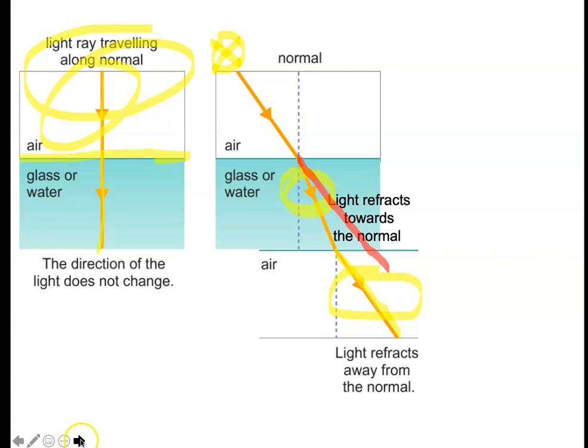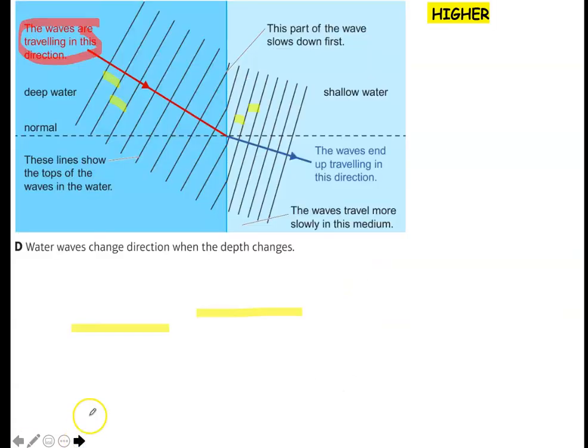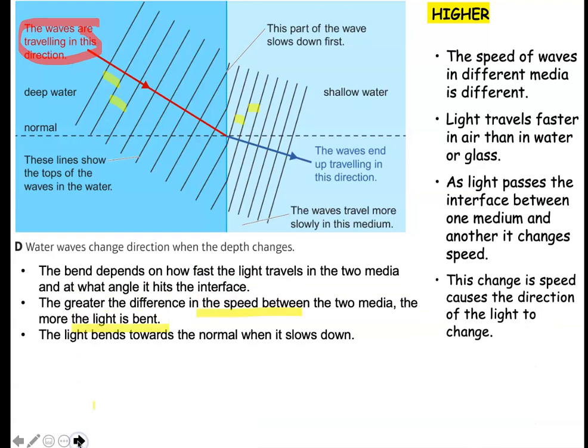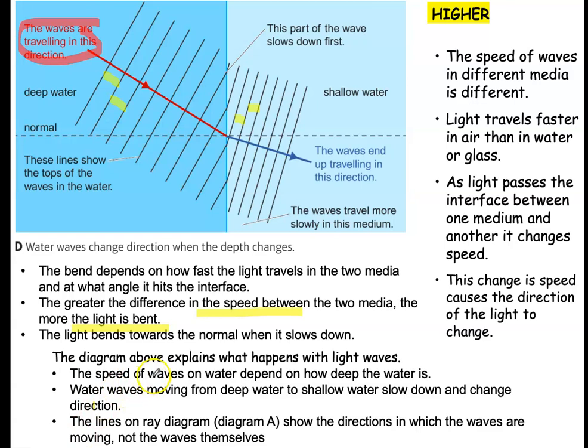Now just to finish off with this diagram, the diagram above explains what happens with waves. The speed of the waves depends on how deep the water is. Secondly, water waves moving from deep water into shallow water slow down and change direction.